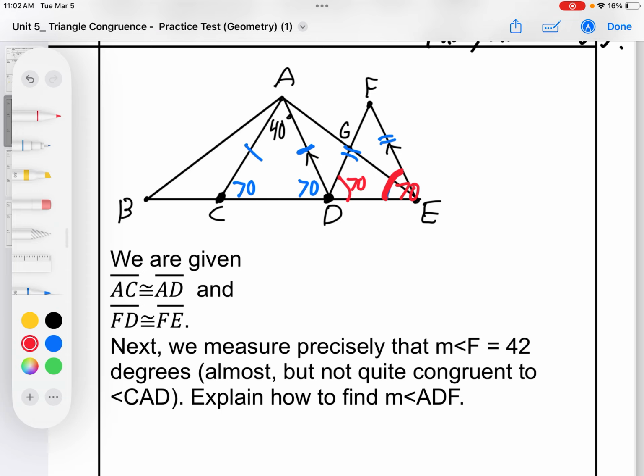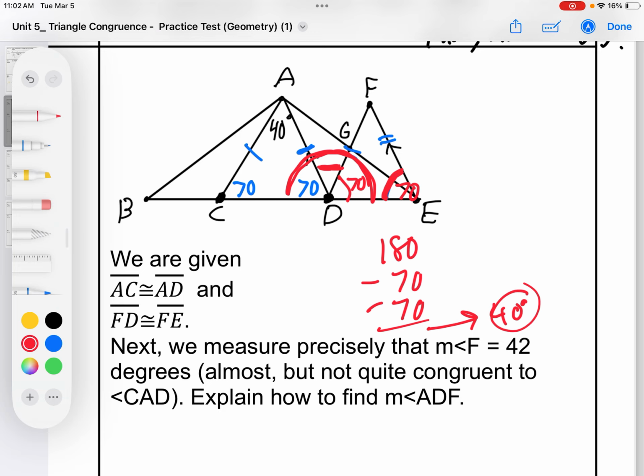There's two ways to solve this, and I'll come back to you guys tomorrow and let you know what it is. But here's one way to solve it, and I'll show you the other way you could have solved it. This problem is what we call overdetermined. So if those are both 70, well then this is 180 for the total of all three, minus 70 minus 70, which makes it 40 degrees.